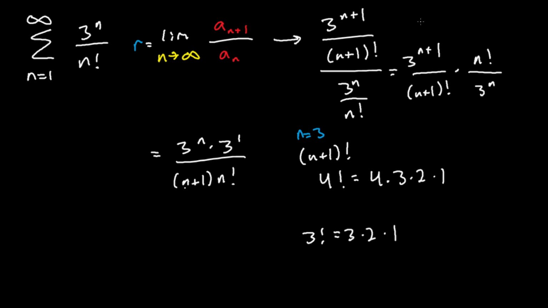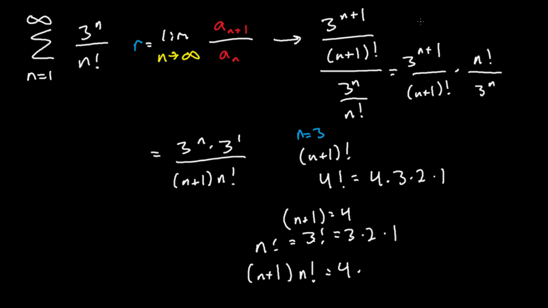Now what's n plus 1? Well, n plus 1 is equal to 4. And if we multiply 4 times 3 factorial, we get 4 factorial. If we multiply (n+1) times n factorial, for the example n equal to 3, then we get 4, since 4 is equal to n plus 1, times n factorial.